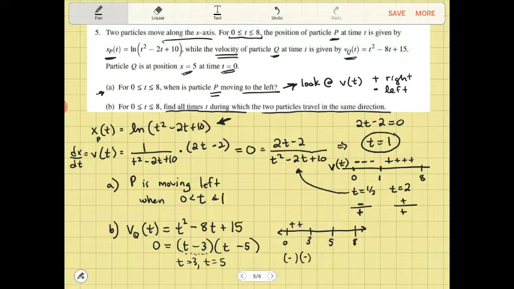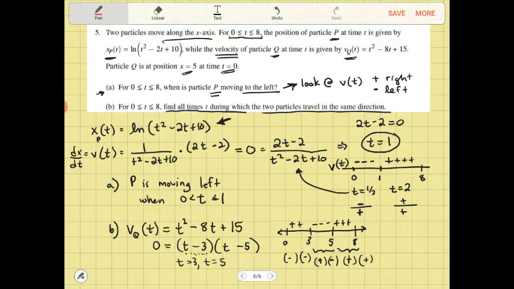Between 3 and 5, plug in 4, then the first factor is positive, and the second one is negative. So that's going to be negative. And finally, between 5 and 8, let's plug in 6. 6 minus 3 is 3, which is positive. And 6 minus 5 is 1, which is positive. Okay?